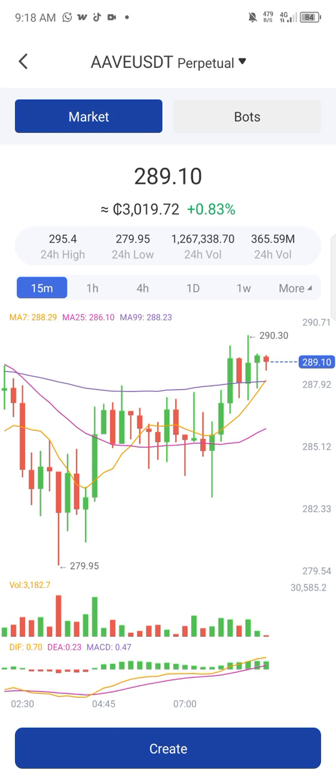But in an uptrend, we'll have the 7 moving average, which is the golden line, on top, and then it's followed by the 25 moving average, which is the pink or red line, and then it's followed by the purple line, which is the 99 moving average. So that is how it goes.